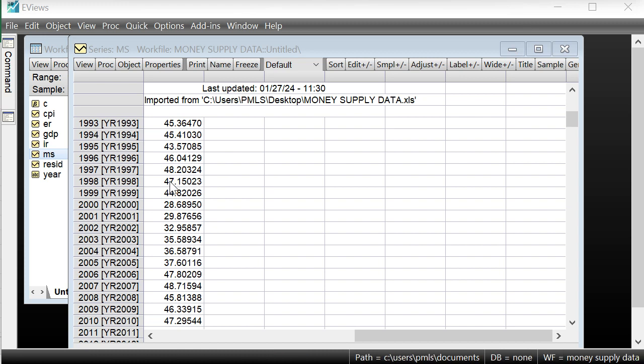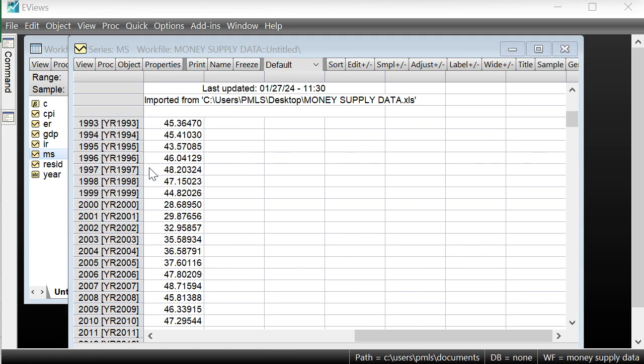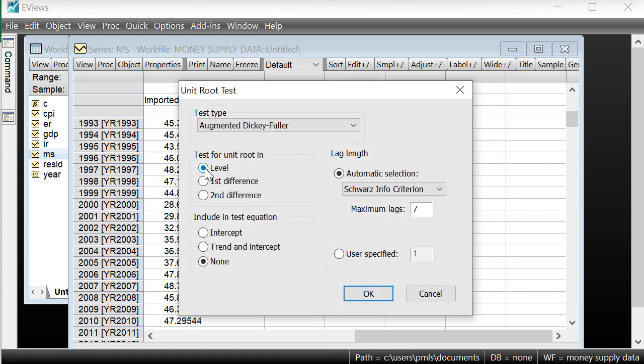So again I want to first of all check it in EViews. I apply the unit root test on my money supply data. I open it, go to View again, and check for unit root tests. First of all, check at level and put this at none. The method is ADF, Augmented Dickey-Fuller. These are already selected, no need to make manipulations here.